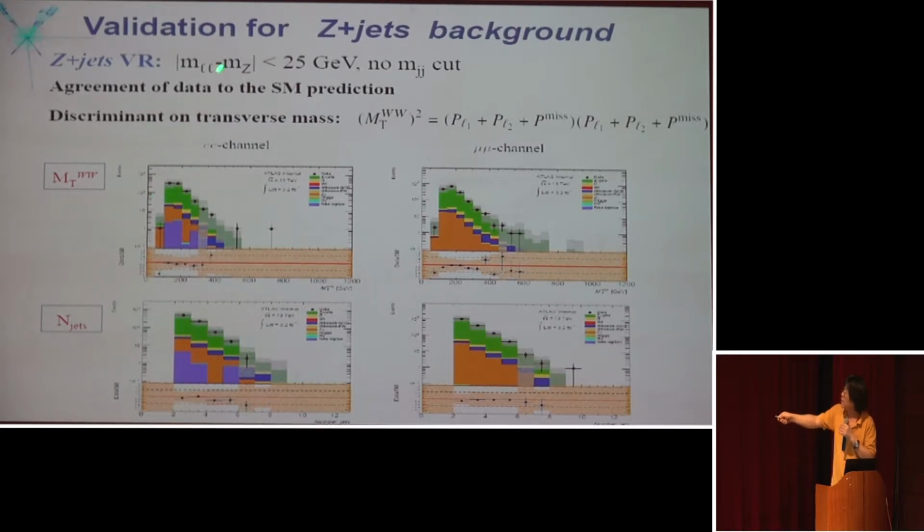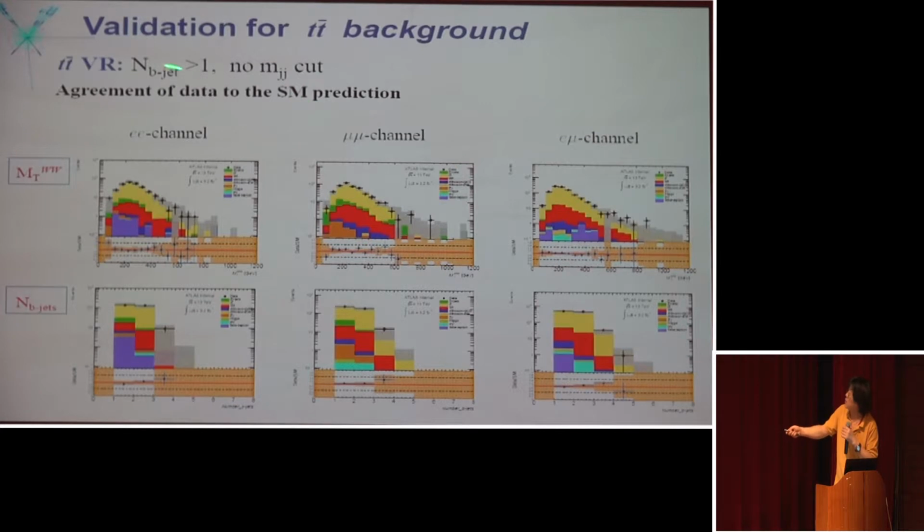The events are really just following the green, which is the Z plus jet dominant. The distribution really agrees with data, and we have more plots to show that this suggests the events are dominated by top pair production. This is the yellow color distributed here, and this is by selecting with B-tagging.